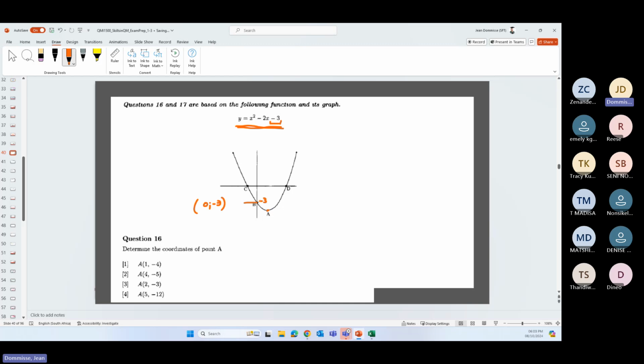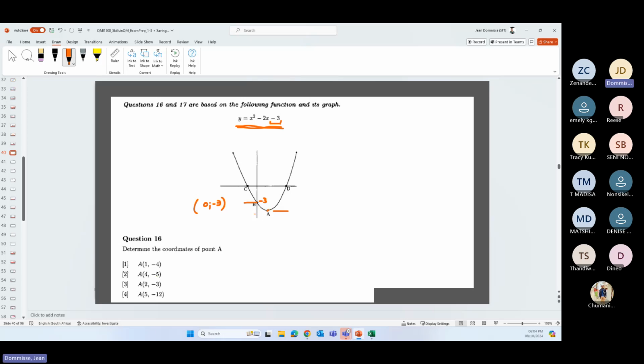So if that point is minus 3, this point must be smaller than minus 3. So I'm going to look at these and say, okay, yes, minus 4 is somewhere here, so it might be minus 5, also somewhere here, so it might be minus 3.